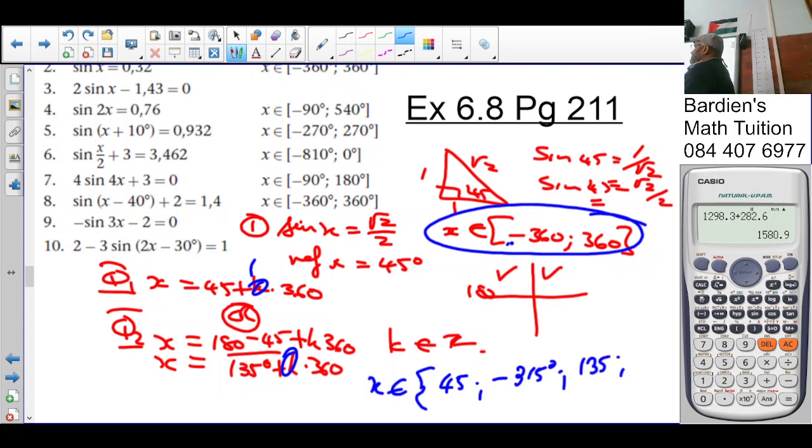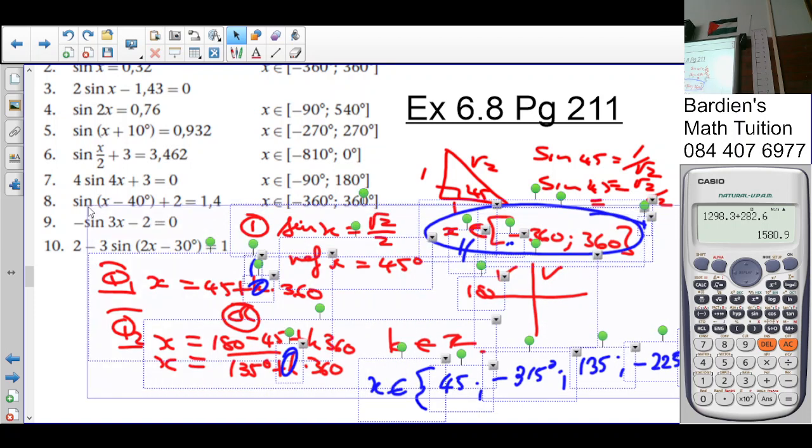Put 1 in, it is going to be over the upper boundary. Put minus 1 in, I get negative 225. Just check if that's correct: 135 minus 360 is correct. If I put minus 2 in, it will be lower than the smaller boundary. Can you see that, people? So that is that answer there.